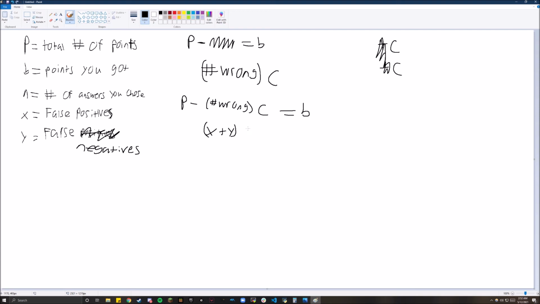And so now we need C. What is C? So C, let me show you an example of how C is calculated. C is calculated by taking the total number of points that you can get for a question, split evenly amongst the number of true answers.